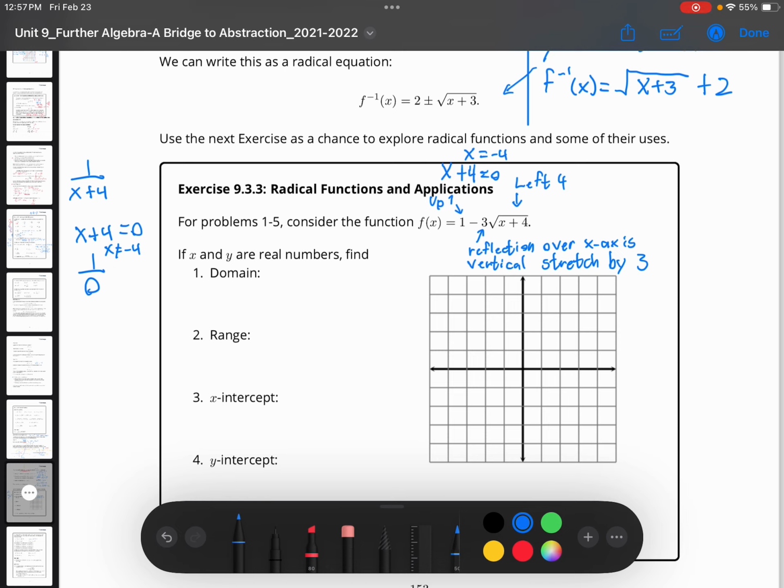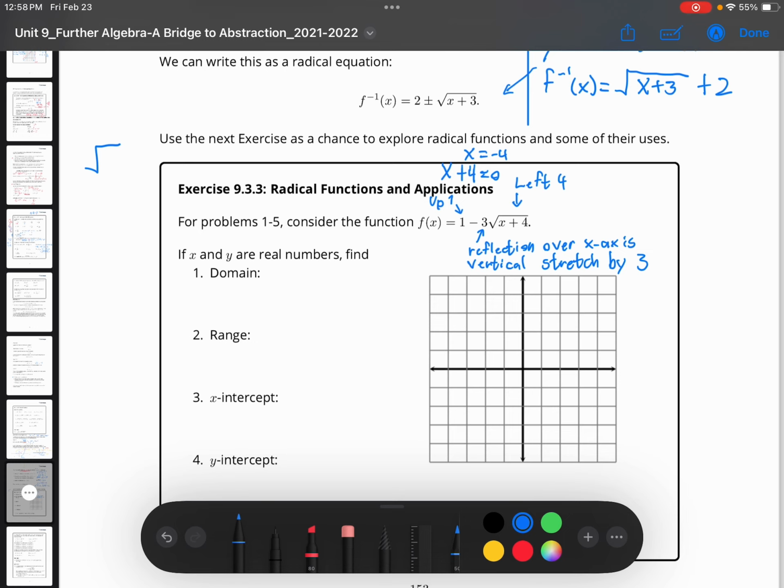Now, as far as the square root, you have to think about what numbers can I not take the square root of and get a real number? So hopefully, again, what are the numbers that you cannot take the square root of and get a real number? So for example, the square root of any negative number would be imaginary.